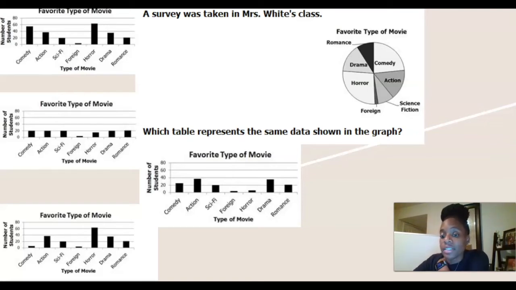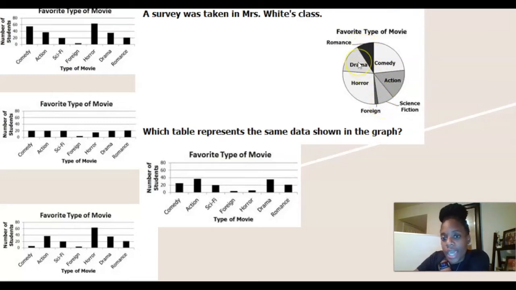Now, this graph is kind of tricky because though it doesn't give you numbers, they give you sections, and then some of those sections look very similar to each other, but then you have to actually pay attention to the sections itself. If we look here, it looks as though romance and science fiction, their percentage of the circle looks very similar to each other or equivalent.